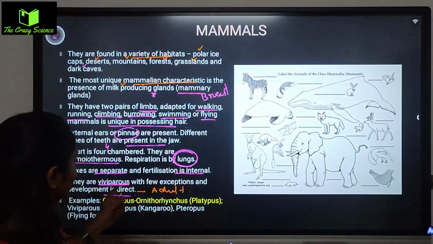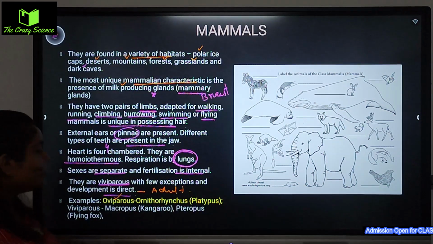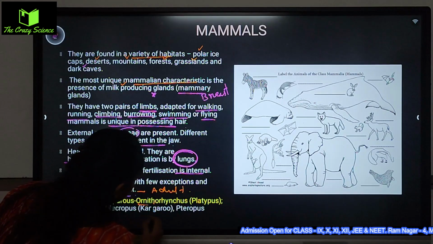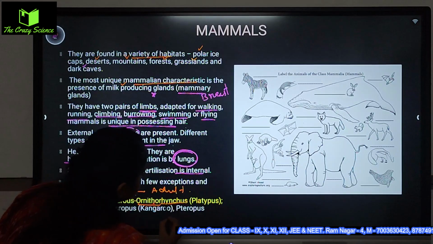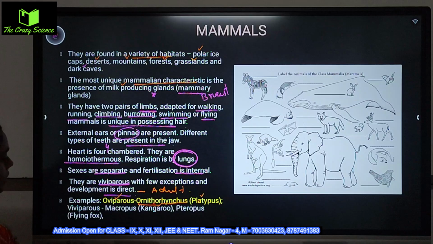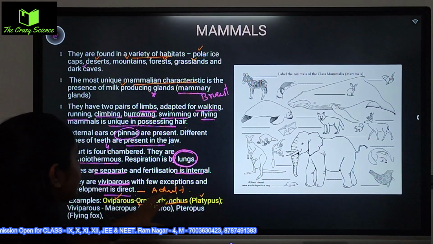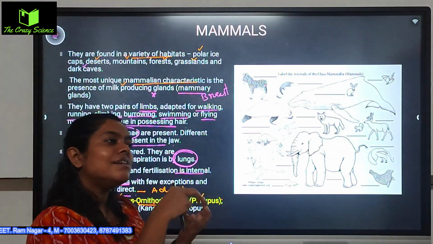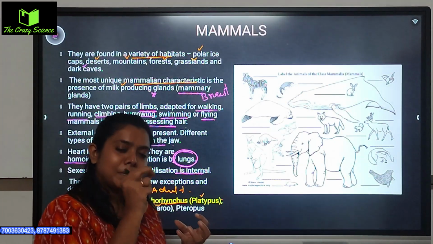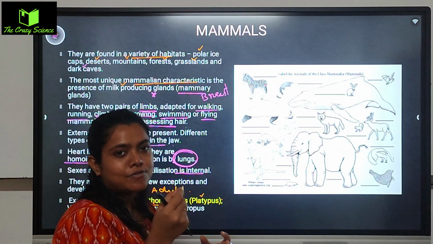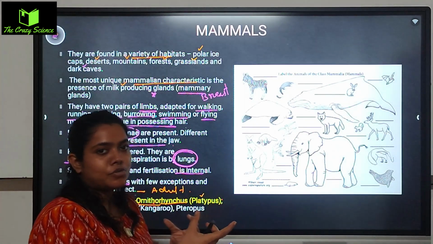There is one exception in mammals that NCERT mentions: the oviparous Ornithorhynchus, the platypus. This is the only oviparous one, where the new life is hatched from the egg.